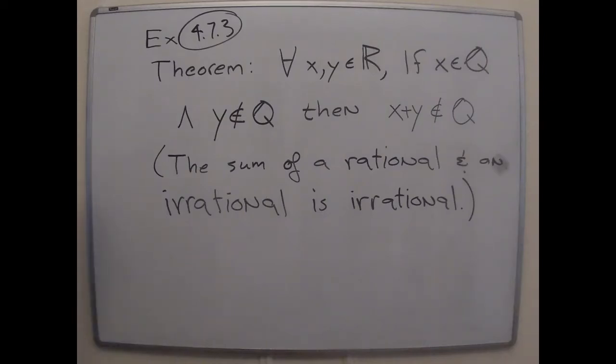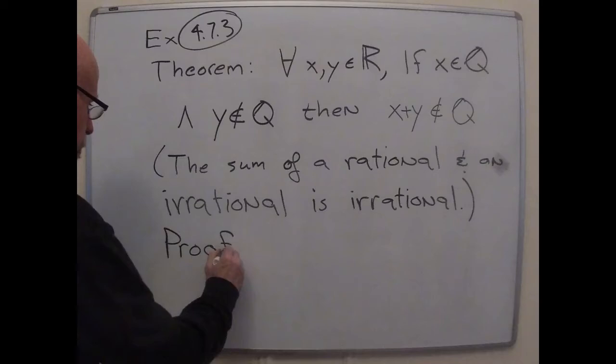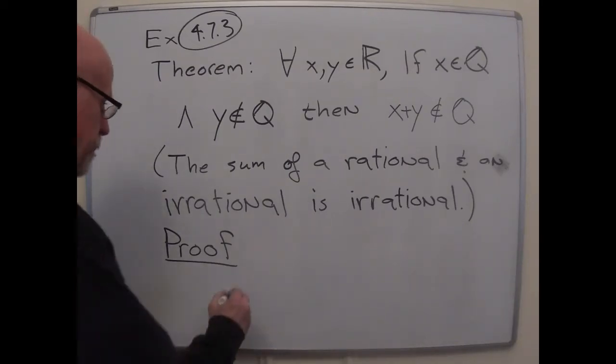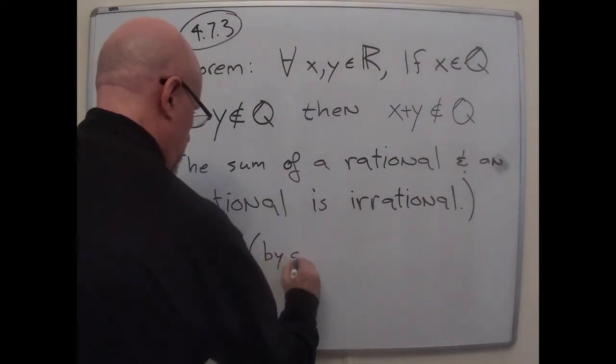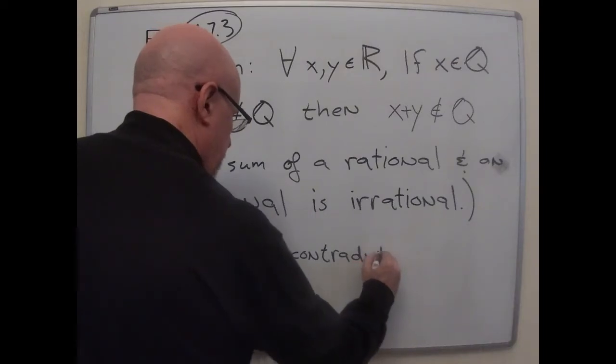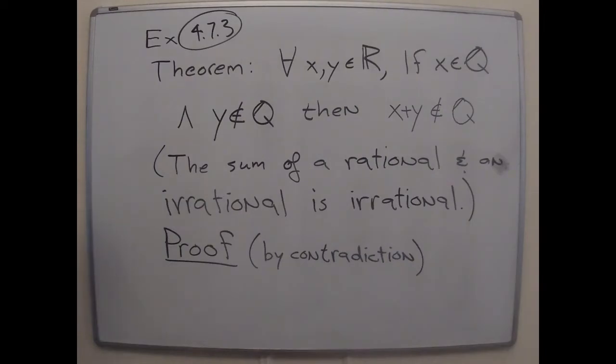How do we go about doing that? Well, let's start the proof. When you're using anything besides direct proof, I advise having a little parenthetical remark after the word proof where you tell people what method you're using. So, by contradiction. If they know what they're doing, they would get that from your first sentence, because your first sentence in a proof by contradiction is assume by way of contradiction that, that is, we want to assume the negation of what we got here.